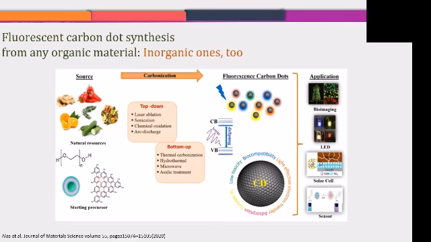Bottom-up means chemistry: thermal carbonization, hydrothermal system, microwave, acidic treatment. So you are using chemistry to build from atoms and molecules to the material itself. From there, they have been used in bioimaging, LEDs, solar cells, sensors, and nowadays in many different applications.